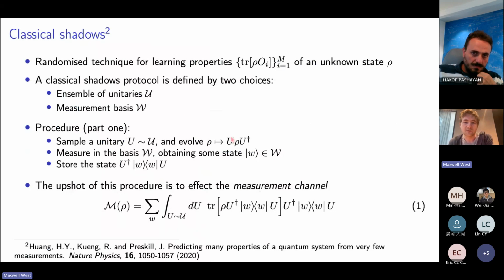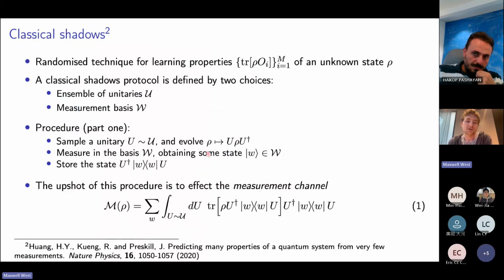Let me also just quickly say, I'm going to focus on the simplest setting where we measure the copies of rho one at a time, and we do this independently. So we don't let the results of earlier measurements affect our choice of future measurements. You can relax both of those assumptions, but we don't in this paper.